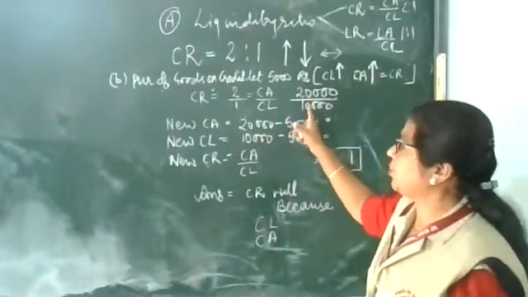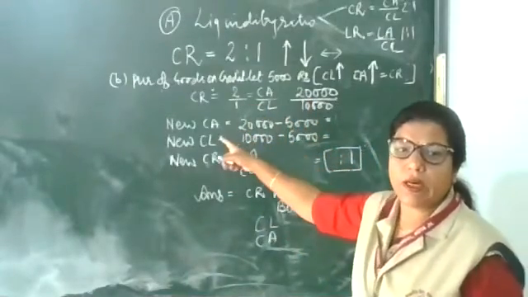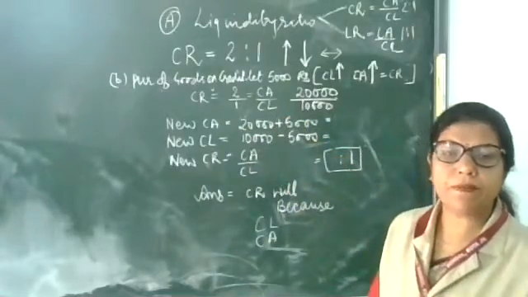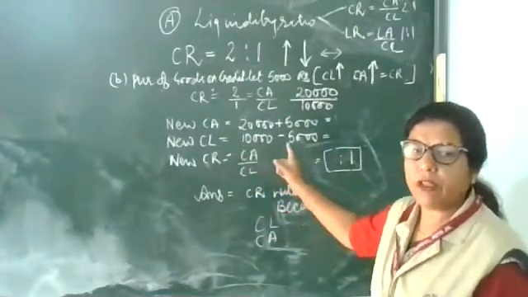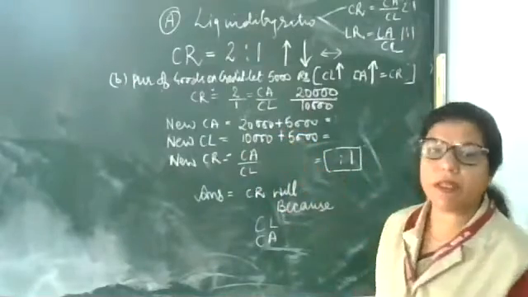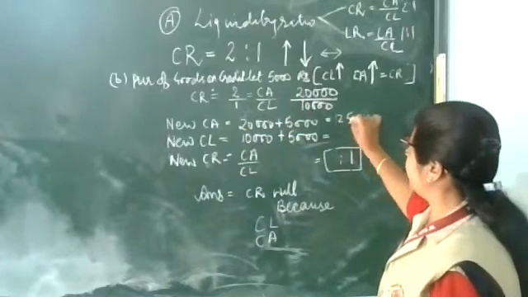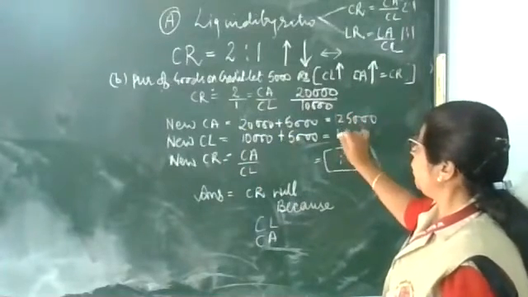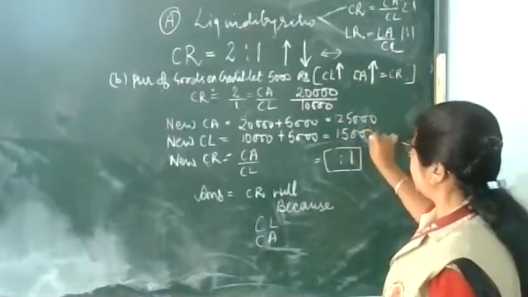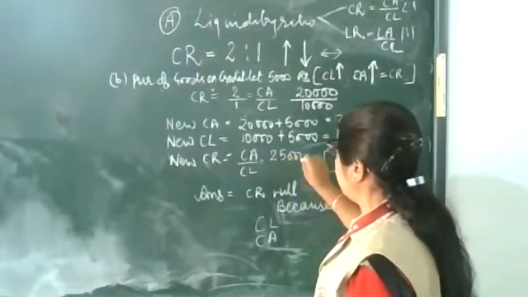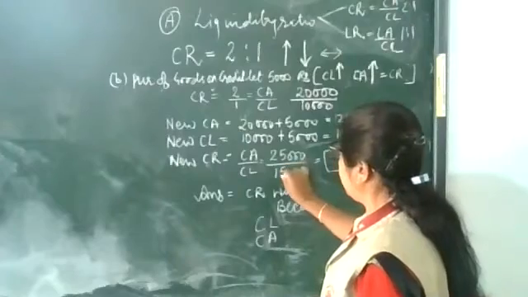Now see. Current ratio is 2:1. Now current asset is increasing, put the plus sign. Current liability is also increasing, put the plus sign. See, it's very easy then. 25,000 and 15,000.